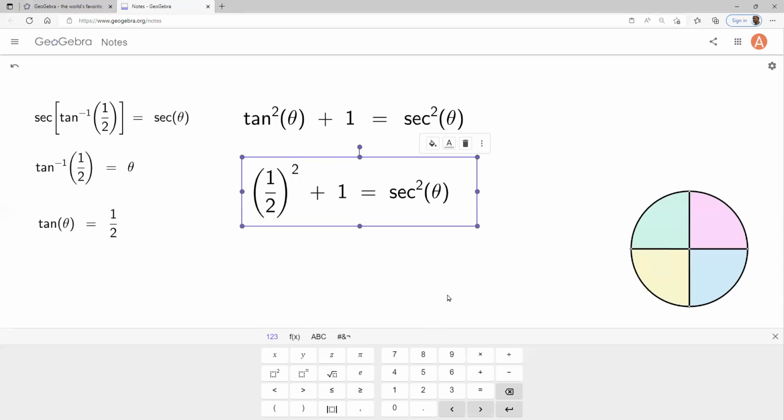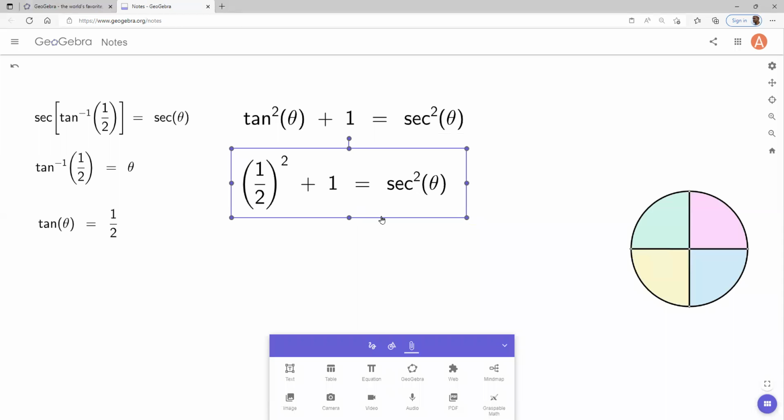Okay, it was a struggle, but I made it. Half squared is 1/4.